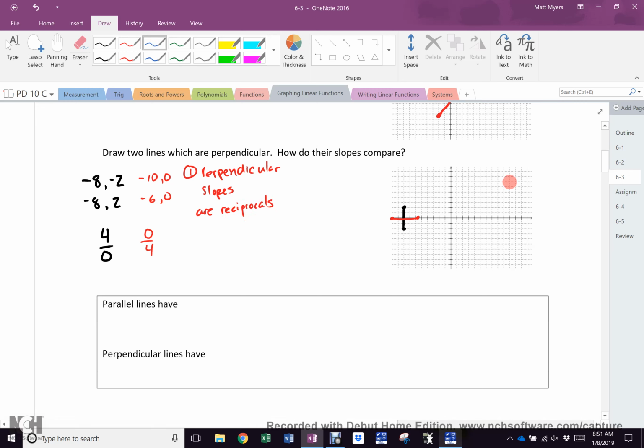Now, on the right side of your graph, put a dot at 2, 1. And put another dot at 8. Let's go with 8, 5. That's a horrible drawing.